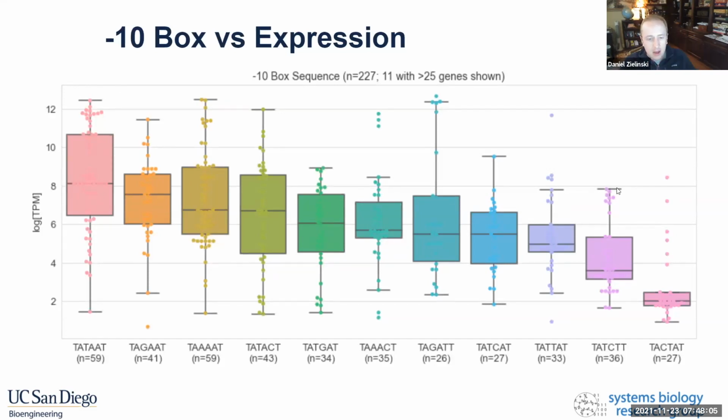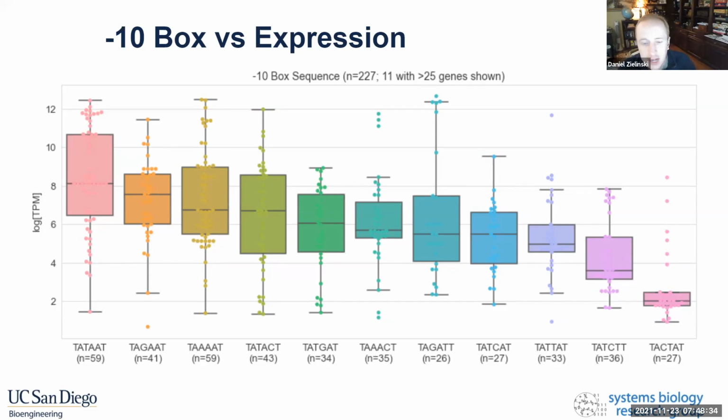Another interesting analysis that we pulled out of this kind of motif analysis, again looking at gene expression, was looking at the -10 box in more detail. And this was based on this idea that I was just describing, that some -10 boxes might be better at recruiting the polymerase than others. They might be better at inducing transcription because the sigma 70 likes them.